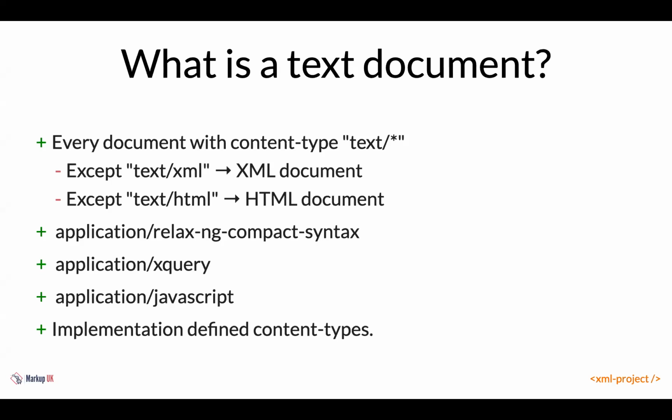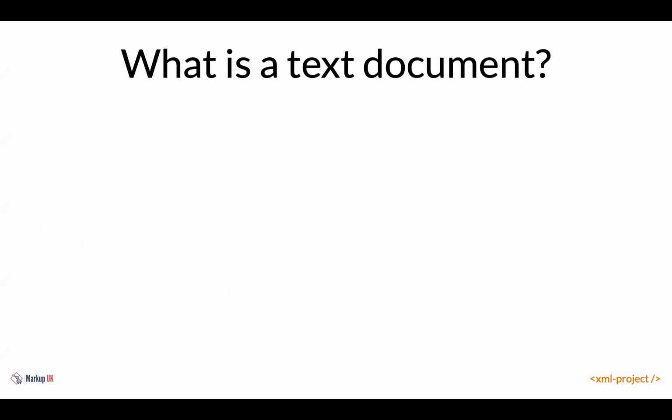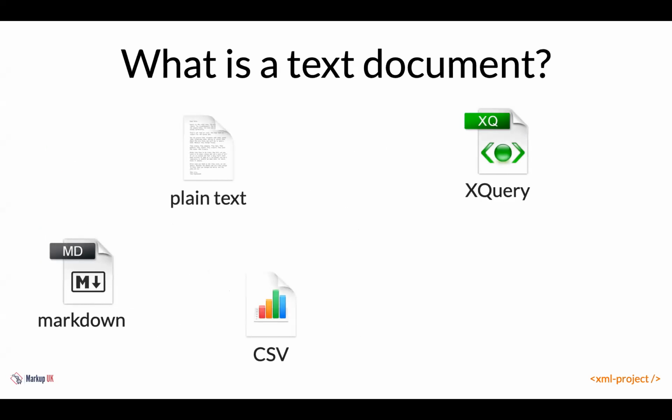So if you take this into account, you get a pretty filled basket of documents we are talking about here. The most important types for me in my work are certainly those ones. So it's a lot of plain text, ASCII text, or UTF-8 text as I'm on macOS. Then I do a lot with Markdown documents because all my notes are written in Markdown, so I can incorporate them in my pipeline.